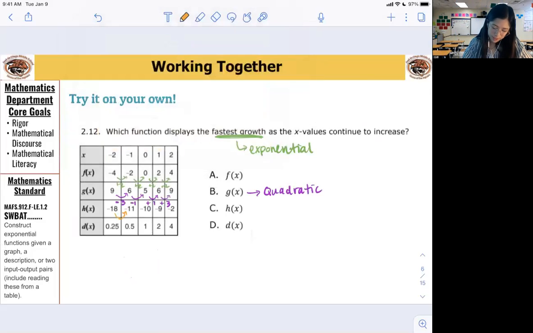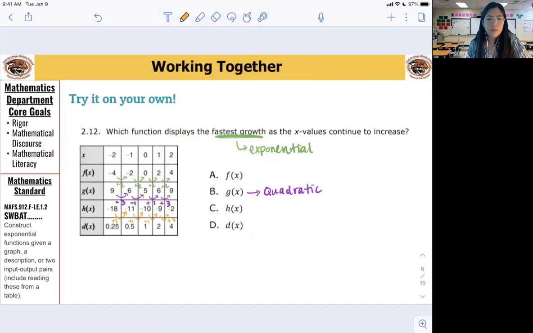What about C, h of x? Okay, good. I'm seeing +7. Then what? +1, good, +1, then +1 again. And then +7. Okay. That one's a little weird too, right?